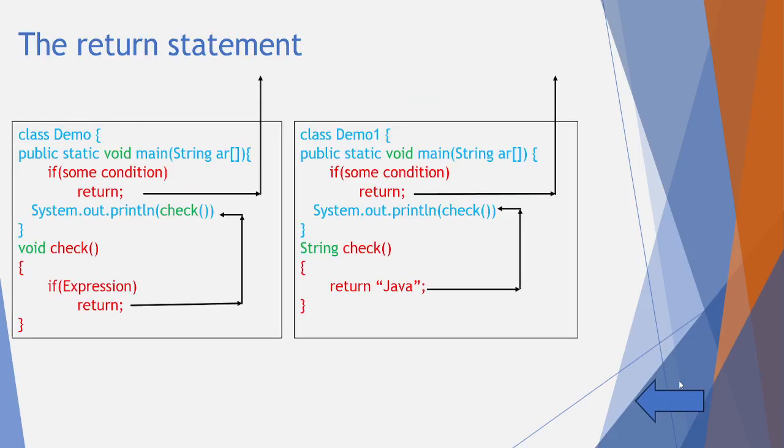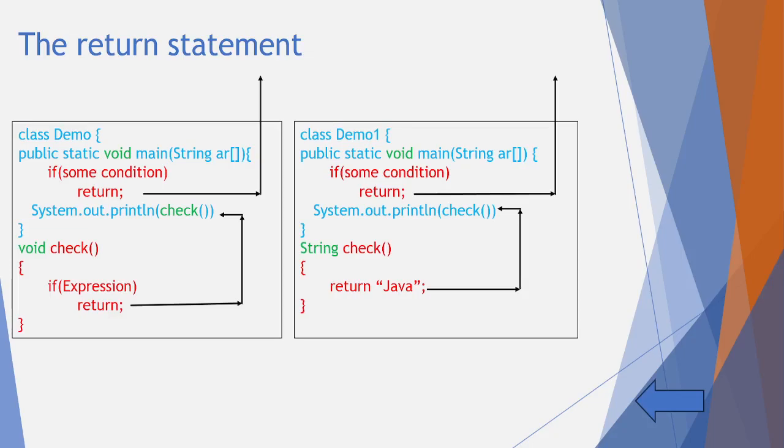See, look at this program, class demo. Main method is there. If some condition is true, return. That means from the main method, control is going back, that means stopped. The program is stopped. Or if that condition is not true, then it goes to the next statement, System.out.println, calling another method, check.